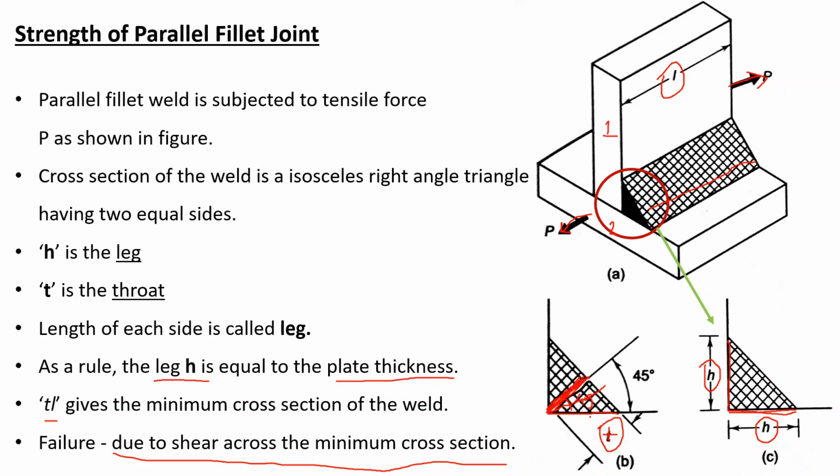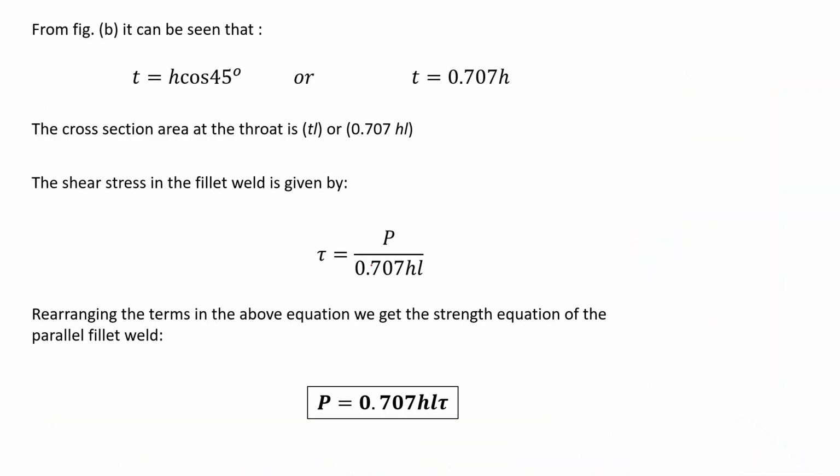As I told you, applying simple geometry, your throat of the weld T is equal to cos 45 times the leg of the weld.